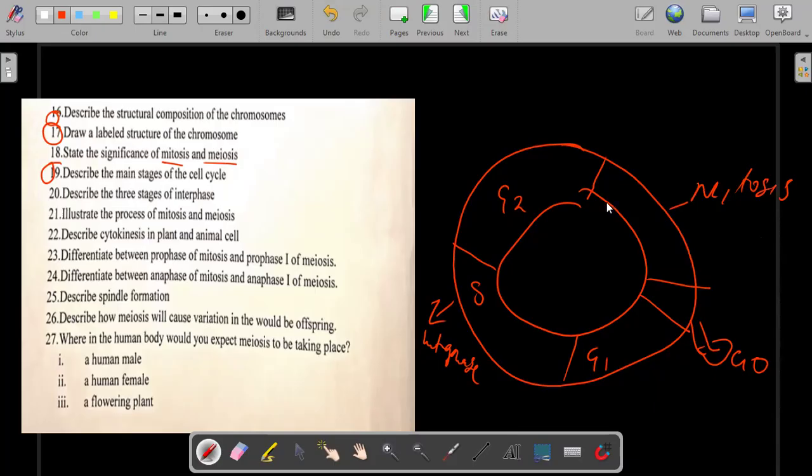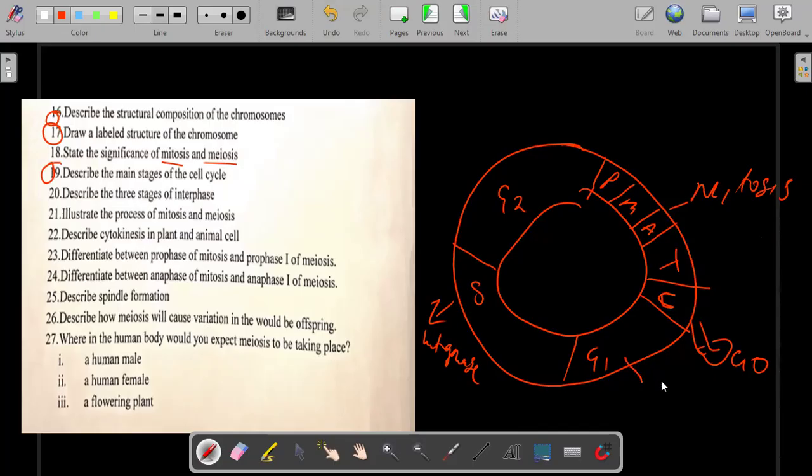Here you're going to have prophase, metaphase, anaphase, then telophase. Then from there, the cell will undergo cytokinesis. So this is the cell cycle, and we've discussed what happens here.